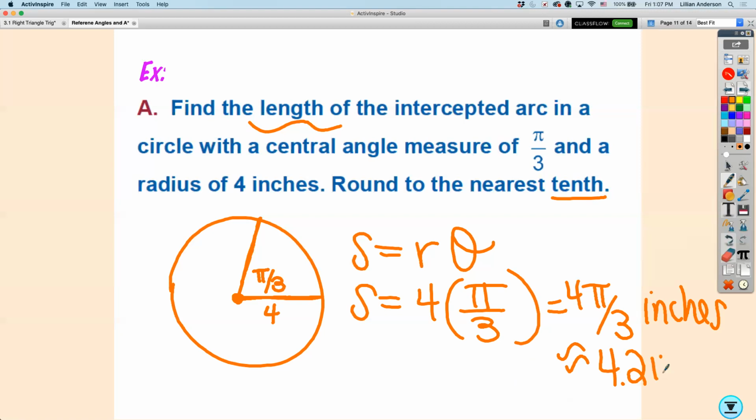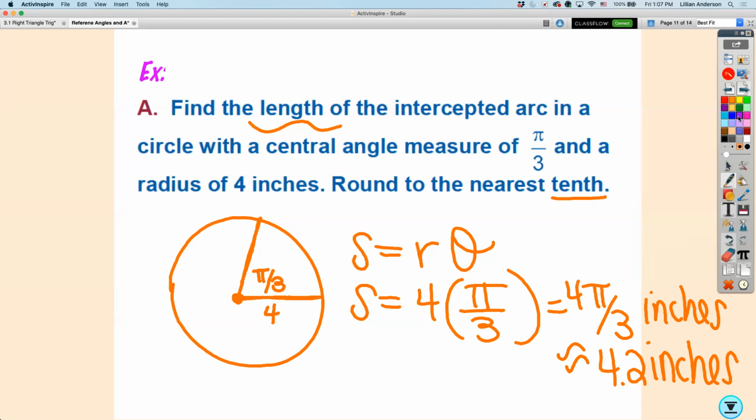So it'll be 4.2 inches. 4 pi/3 would be the exact length of the arc, but it did ask us to round it. That's how you find arc length: you take your central angle, in radians, and multiply it by your radius.